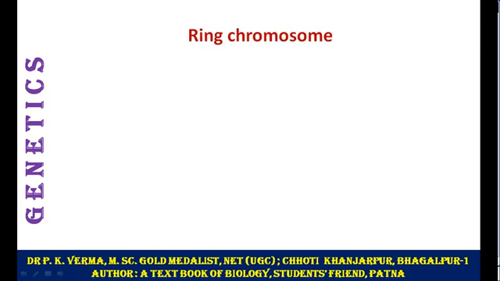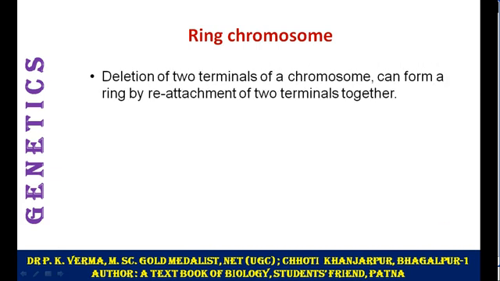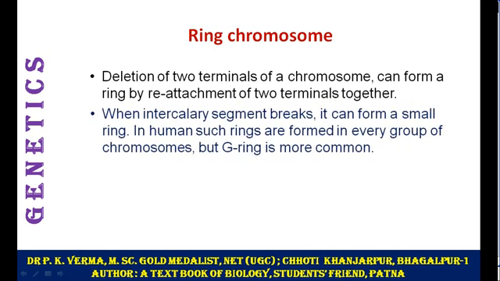Now sometimes ring chromosomes are seen. Most of the ring chromosomes are seen in the G group of chromosomes, that is, the Y chromosome, the 21st and 22nd chromosomes. What happens in these cases? There are terminal deletions of the chromosome, and after deletion the remaining arms become attached together, forming the ring-like appearance.